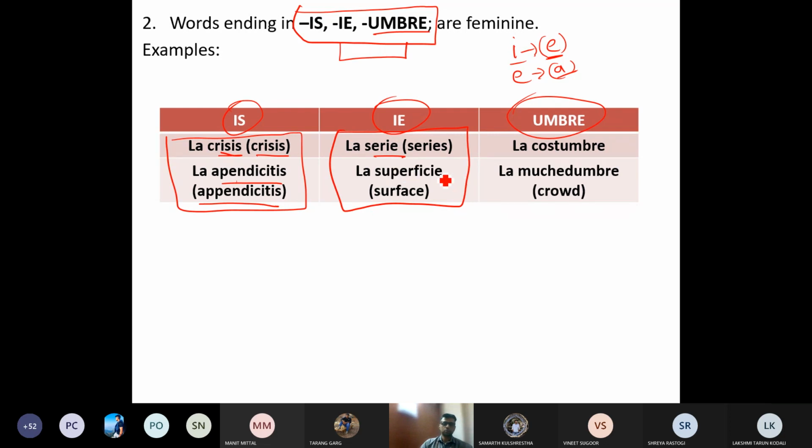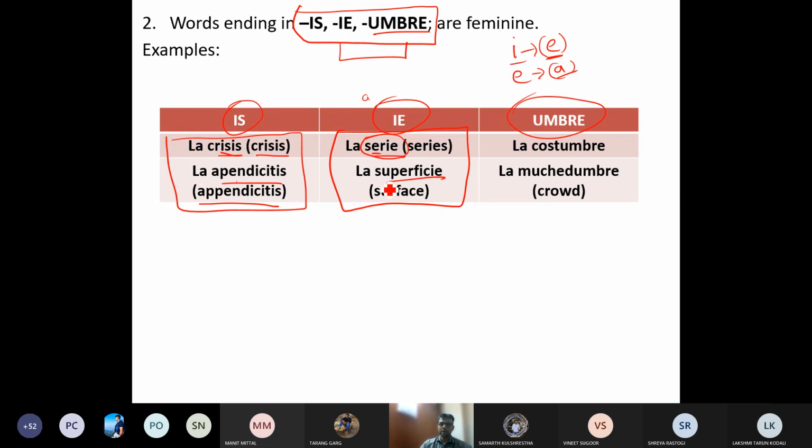Anybody else wants to try this one? Second one, please try. Don't be shy. La serie, okay, and then la superficie. That is more influence of English, that's why it is coming like that. So let me correct you. It will be la serie. E is pronounced as A, so that's why it will be serie.